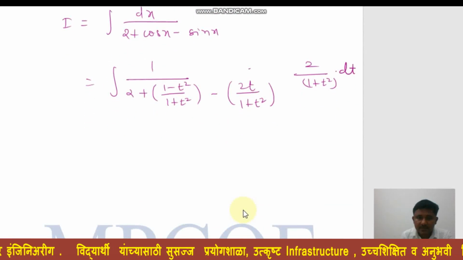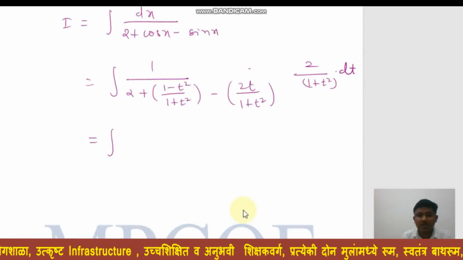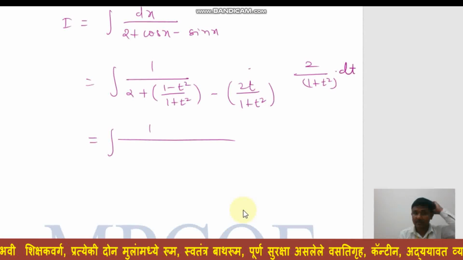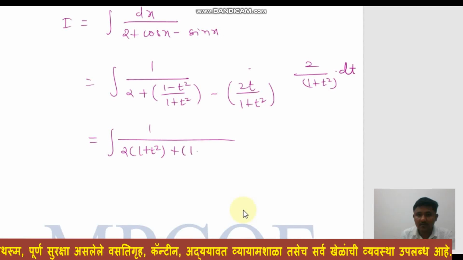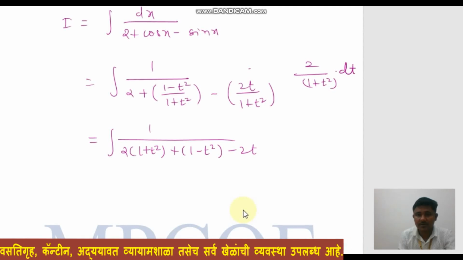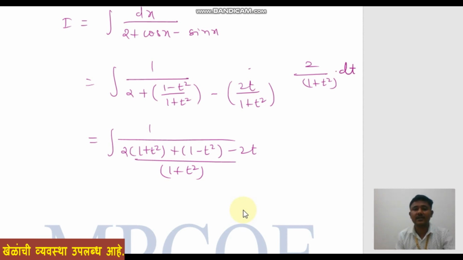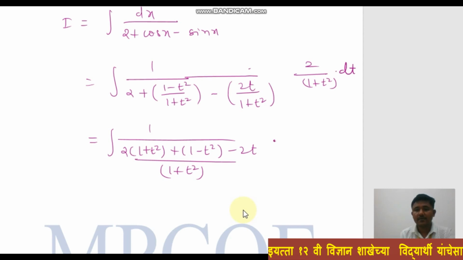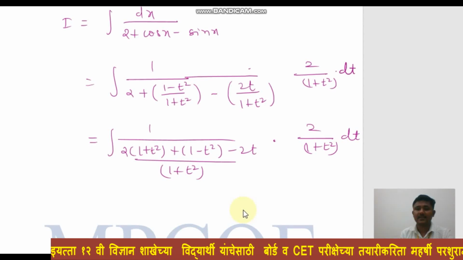Now if we want the denominator to be 1 plus t square, this is 2 into (1 plus t square) plus (1 minus t square) minus 2t, divided by 1 plus t square. So we have taken 1 plus t square as the LCM of all these three terms, and we have 2 upon 1 plus t square for the dx.